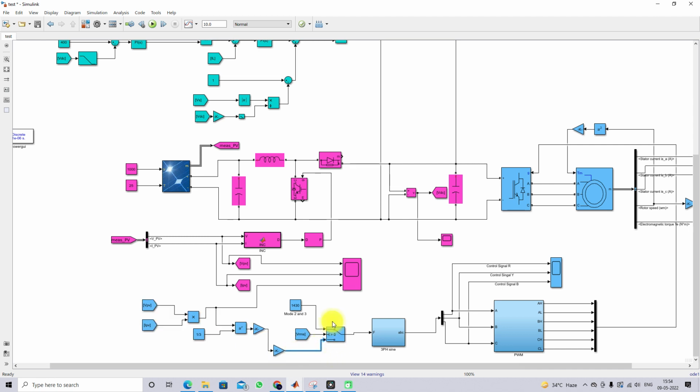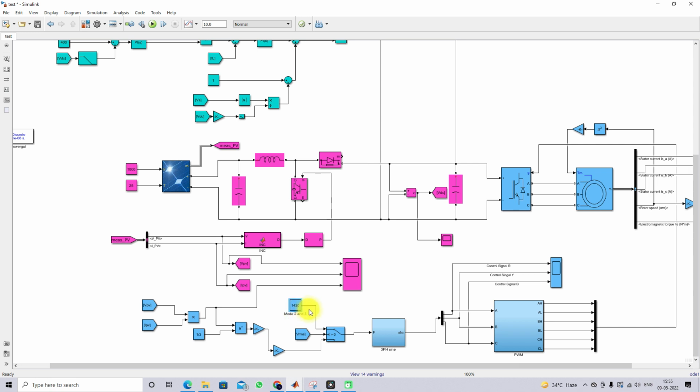For mode 2 operation, consider that there is no power in the PV and you need to get the supply from the grid alone. For that, the mode 2 reference command is 1430, which is the rated speed of the induction motor.